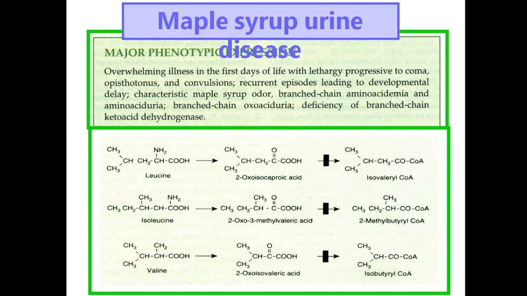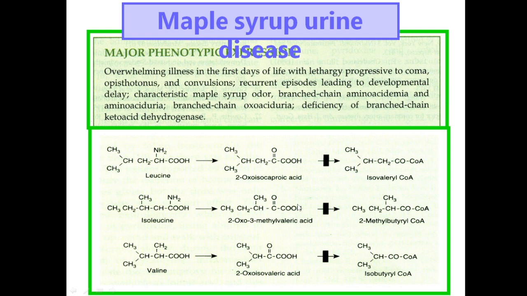Maple syrup urine disease. It is also a dysfunction of alpha ketoacid dehydrogenase, acting on alpha keto acid derivatives of hydrophobic branched amino acids: leucine, isoleucine, and valine. The result is accumulation of the corresponding alpha keto acids. In normal metabolism, the next step is oxidative decarboxylation.